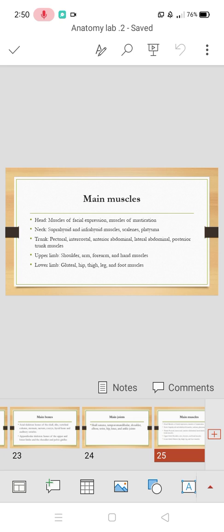Trunk: pectoral, intercostal, anterior abdominal, lateral abdominal, posterior trunk muscles. Upper limb: shoulder, arm, forearm, and hand muscles. In the lower limb, we have gluteal, hip, thigh, leg, and foot muscles.